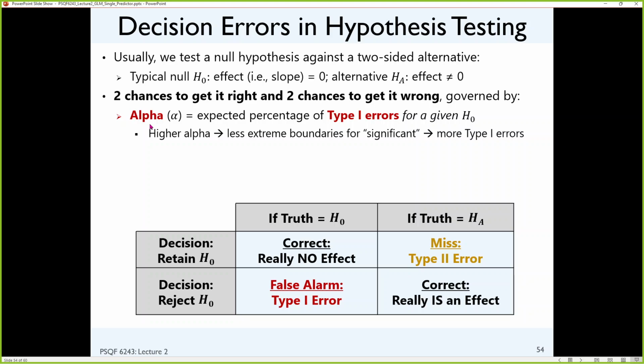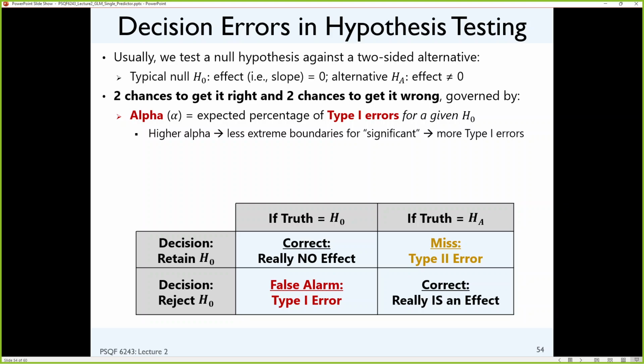How much percent of the distribution are you allocating to unexpected or significant? You can control that. If a false alarm is a really terrible thing and you don't want to alarm someone unnecessarily, should I put alpha higher or lower? Lower, right? I want to have the wrong answer less of the time.